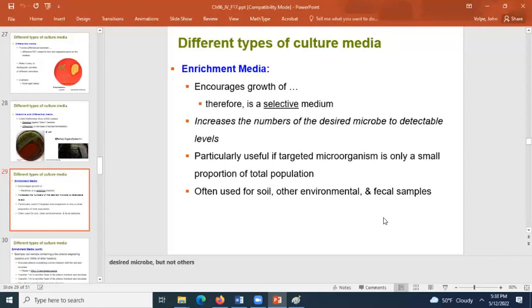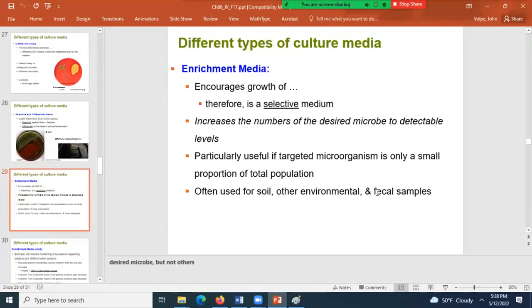And it's often used when people are trying to isolate specific organisms growing in the soil or other environmental samples, or, for example, a fecal sample. Suppose you have a clinical specimen and it's a fecal sample and you're looking for a human pathogen where there are large numbers of microbes normally present in the feces.